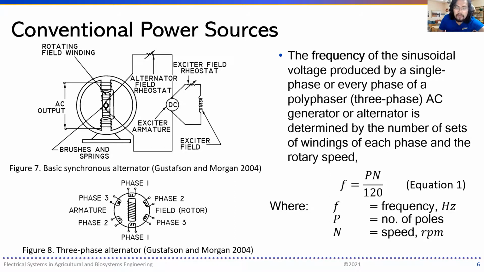Now, to compute for the frequency of the electrical system, we use equation 1 as shown, and this is Pn over 120, where P is the number of poles and N is our speed in RPM, resulting in our frequency F in units of Hertz.